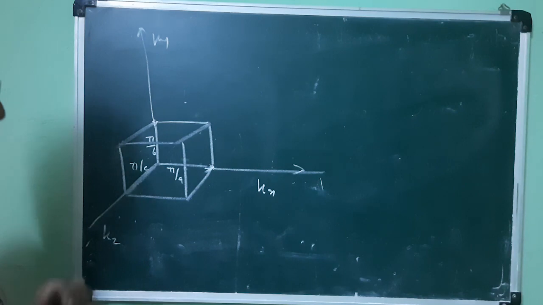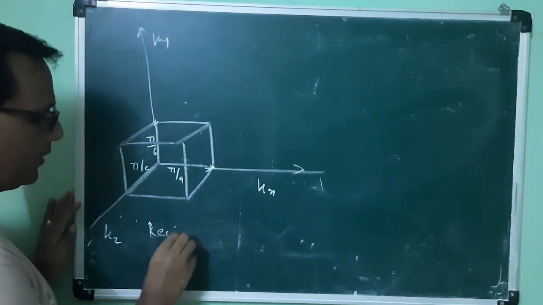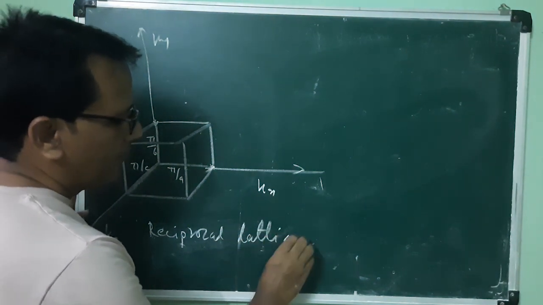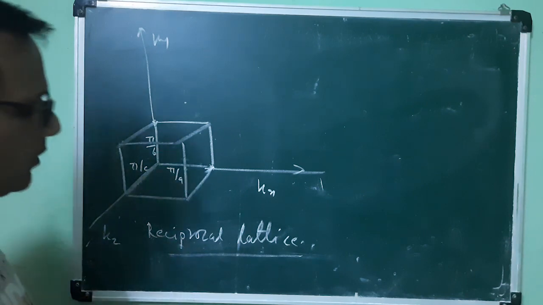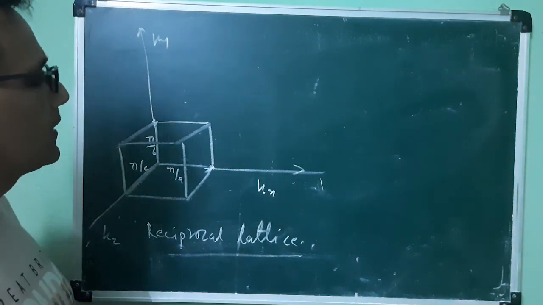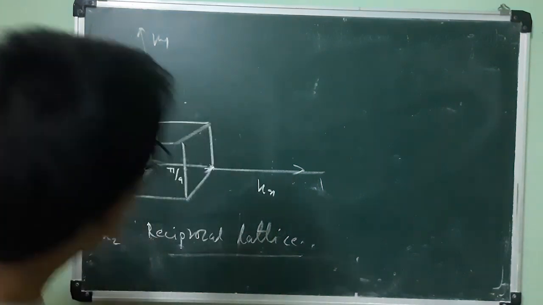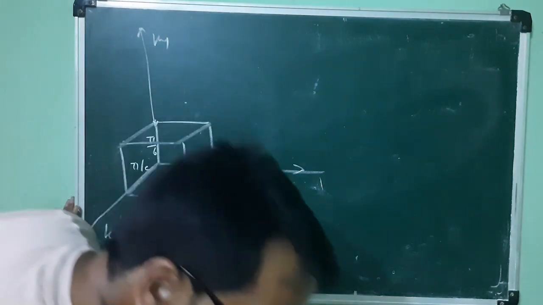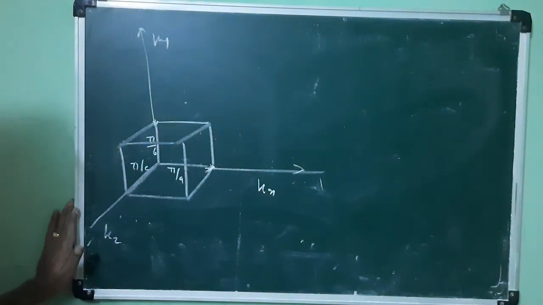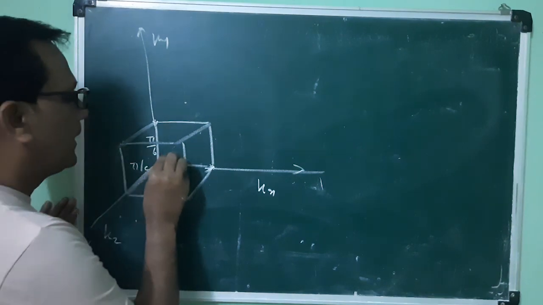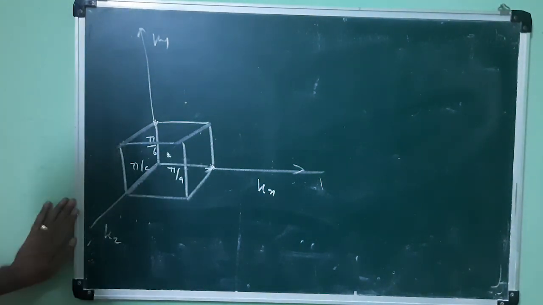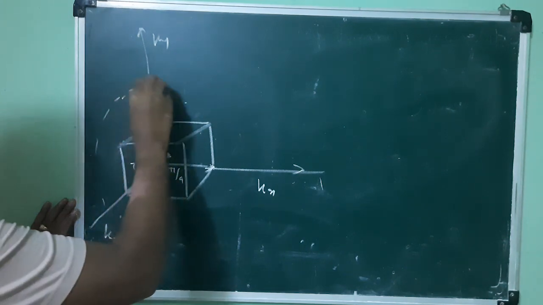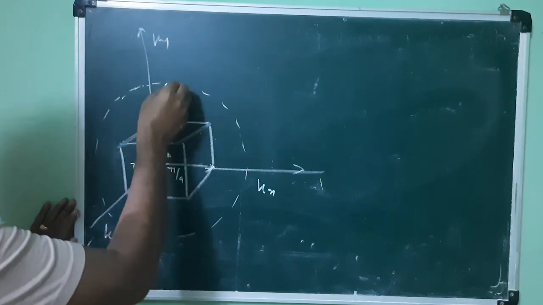And one reciprocal lattice term is used in solid state physics. What is this reciprocal lattice, and what is the importance of this reciprocal lattice, I will discuss in a separate lecture. So here this size is pi by A, pi by B, and pi by C. One can calculate the volume of this small site where one electron is inside, and this is actually part of the Fermi sphere.